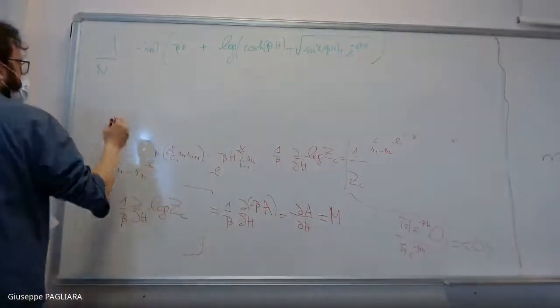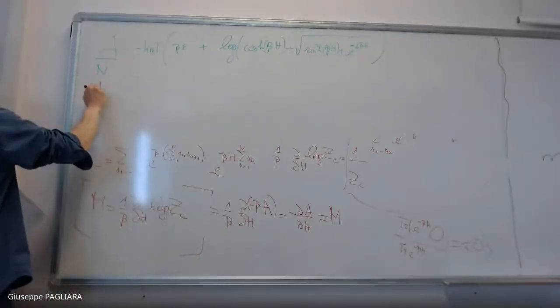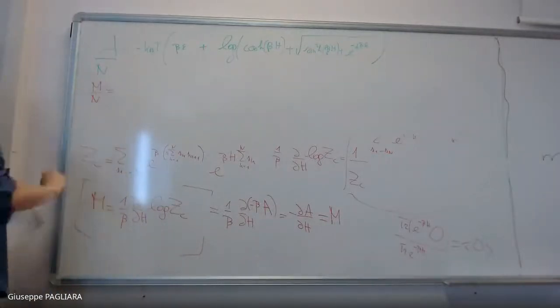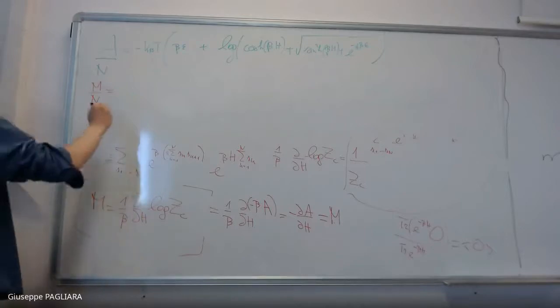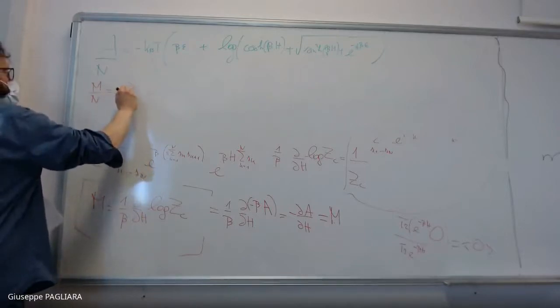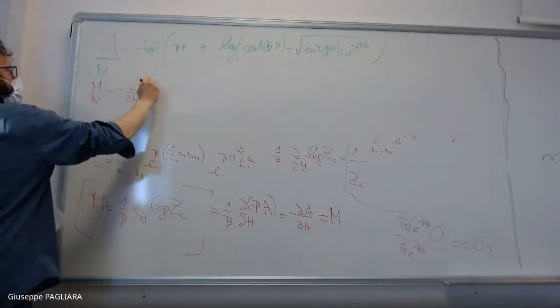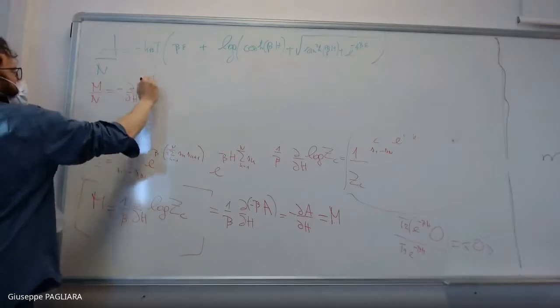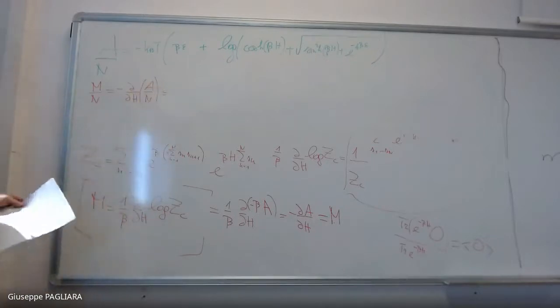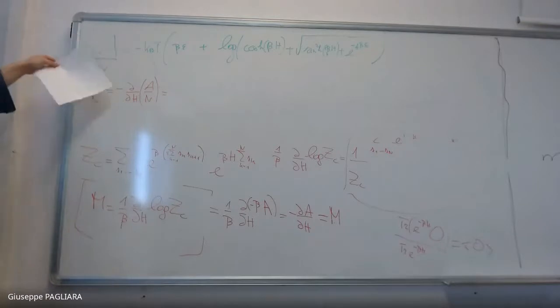So M divided by N is equal to minus the derivative with respect to H of A divided by N. So I just need to take the expression that I have above and then derive with respect to H.